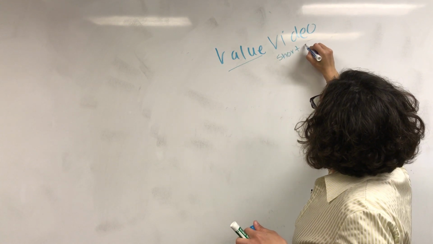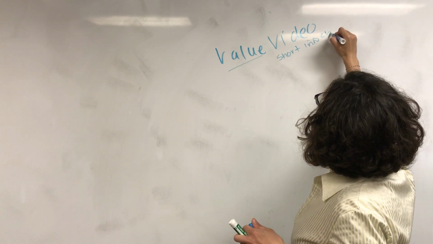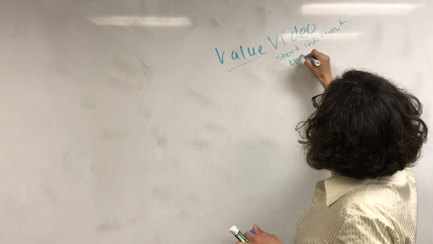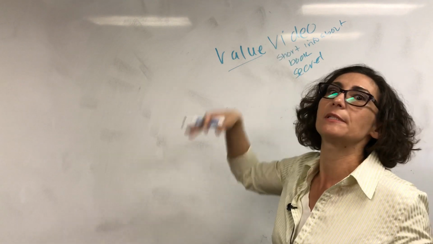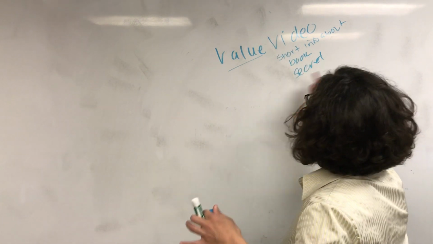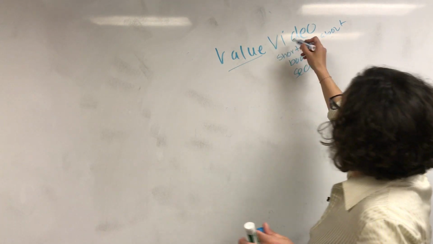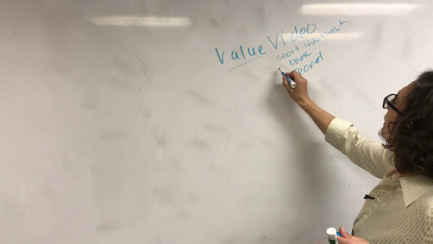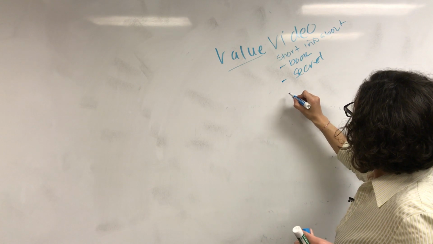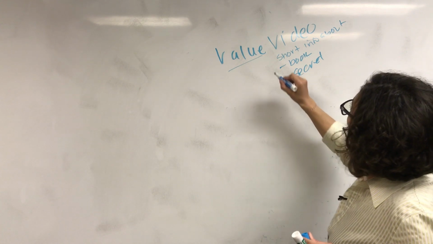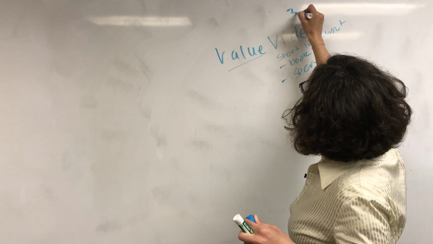So this could be short info about their book, their secret. So many people have secrets, and then they want you to buy them. So it's like a value video, short information about a book, their secret, and it's like 3 to 5 minutes.